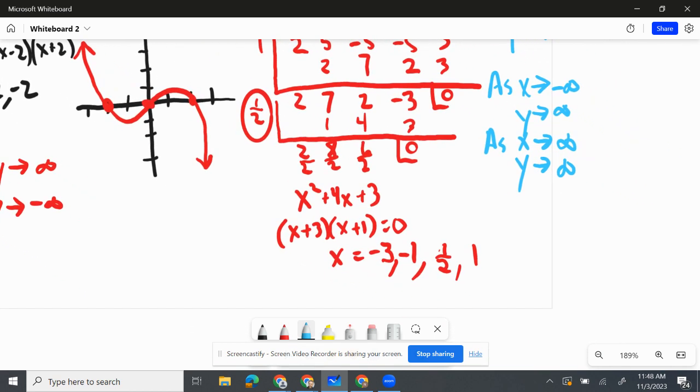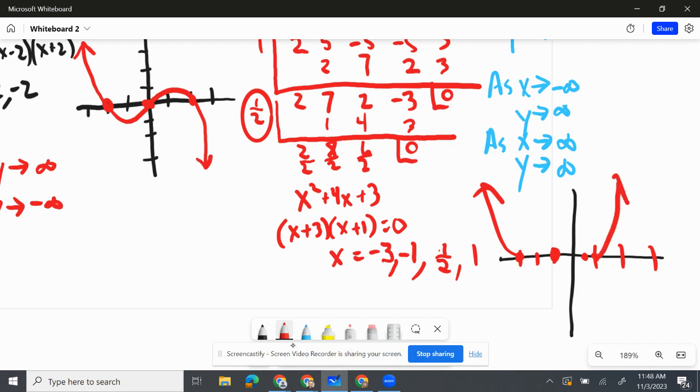So now when I graph this, I have -3, I have -1, I have 1/2 and 1. As it goes to the left, it goes up. As it goes to the right, it goes up. My y-intercept is at 3. So I go down, and then up.